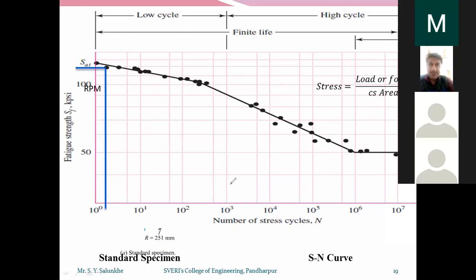The scale used is a log scale, because the number of cycles which that specimen can sustain is very large. To fit that particular curve in this limited space, we use this log scale.